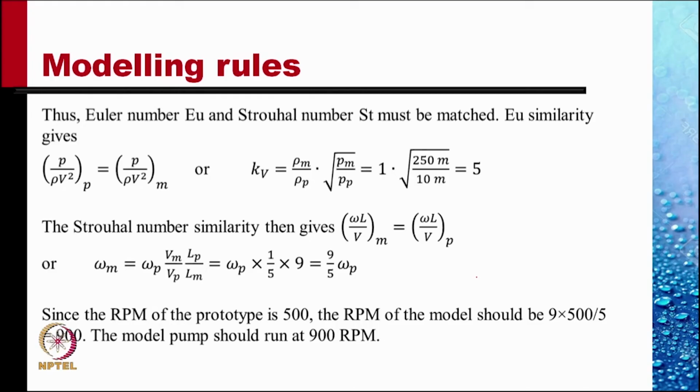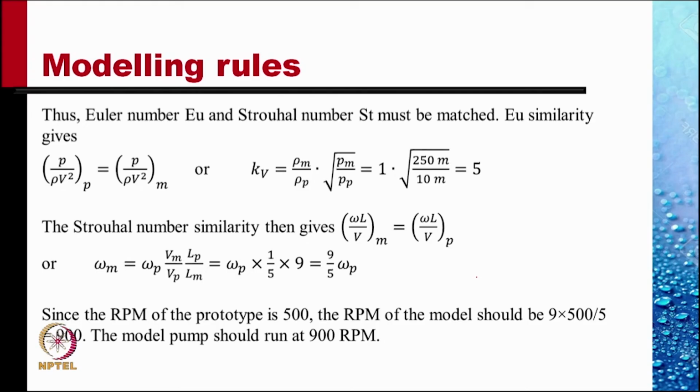Then we use Strouhal number similarity, and from this we get omega L by V for the model is same as that for the prototype. And so omega for the model is obtained as 9 by 5 the value for the prototype.